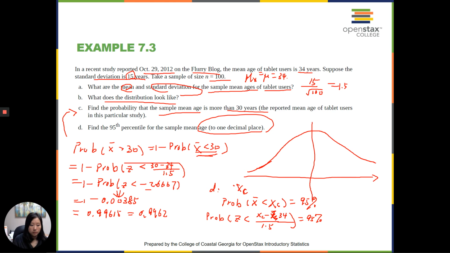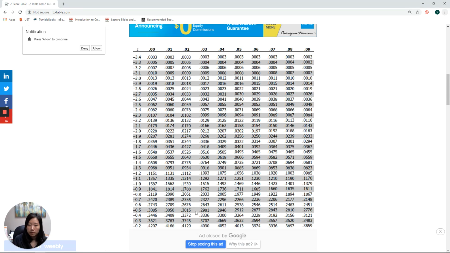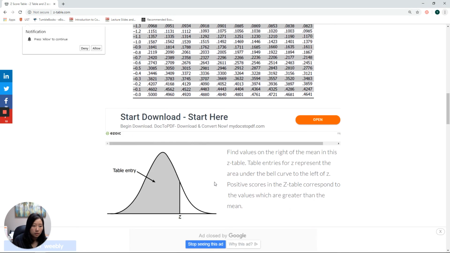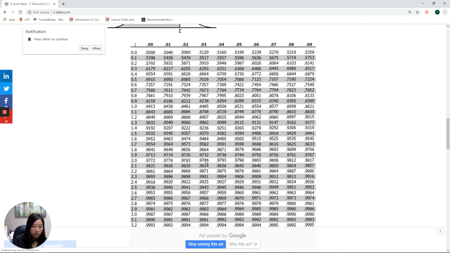Right, so what is that XC? Coming back, where does 95% go on the table? Between 1.64 and 1.65.